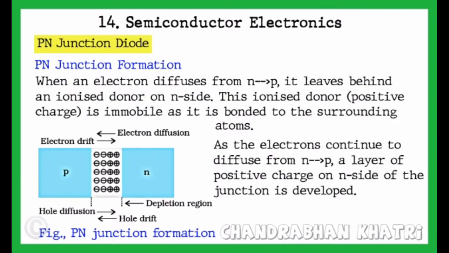When an electron diffuses from N to P, it leaves behind an ionized donor on the N side. This ionized donor positive charge is immobile as it is bonded to the surrounding atoms. As the electrons continue to diffuse from N to P, a layer of positive charge on the N side of the junction is developed.